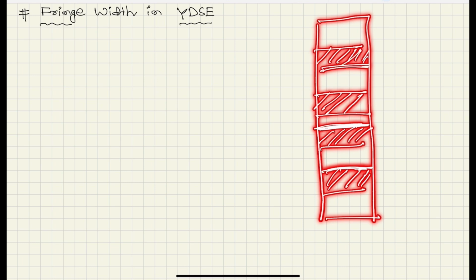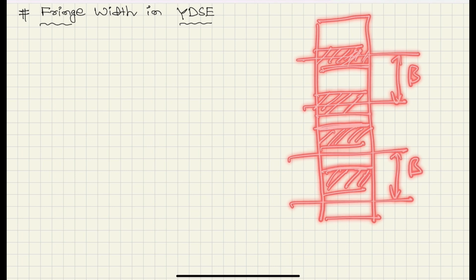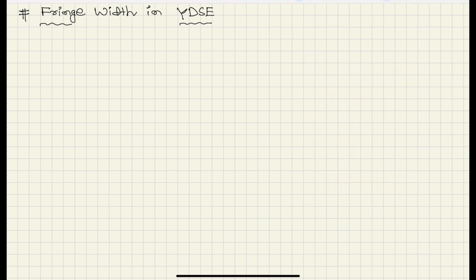The distance between this and this is called what? Fringe width. The distance between bright and bright is called fringe width. So fringe width is defined as the distance or separation between two consecutive bright or dark fringes.